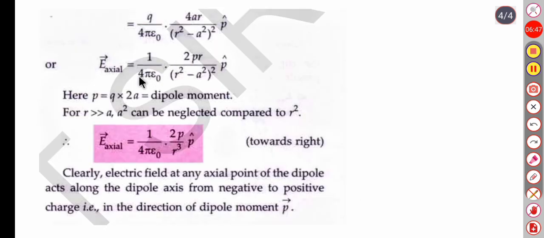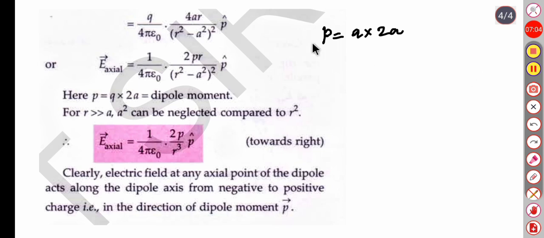So in the next step we can write 1 by 4 pi epsilon naught, and 4ar is simplified to, we know the dipole moment p equals q into 2a.